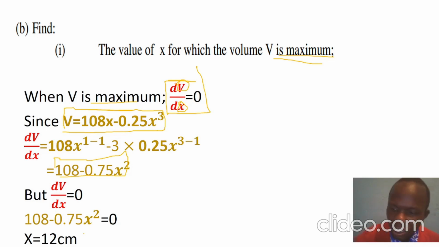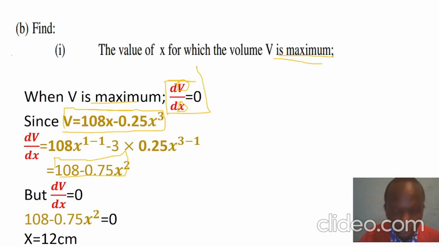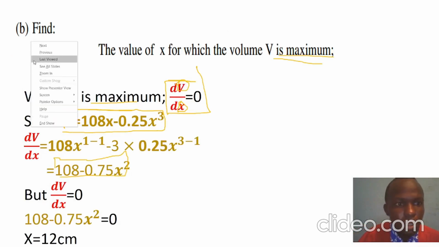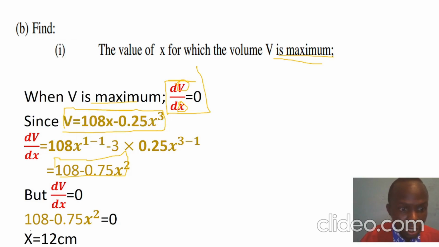Let us look at the next question. Find the maximum internal volume of the box. This is the last part. So our function here is V equals 108x minus 0.25x cubed.